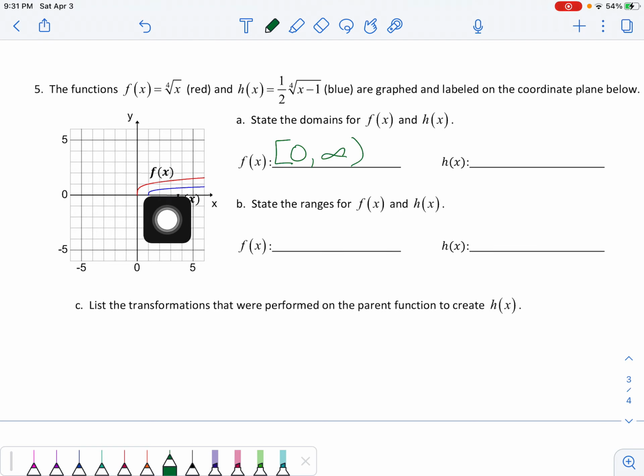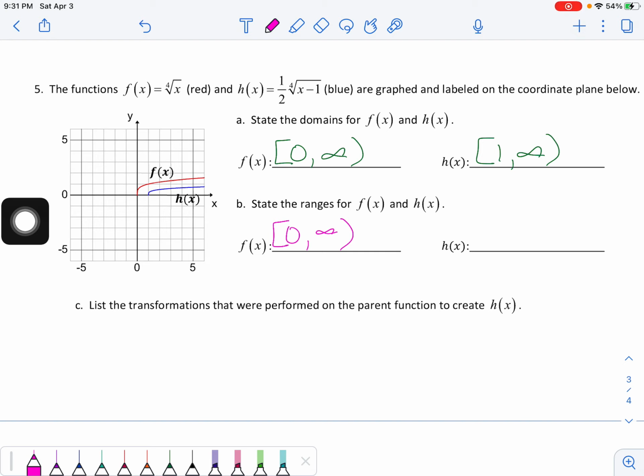All right. So now the ranges for f of x, we're going to start at 0 and go up to infinity. So 0 to infinity. And h of x, while it shifted to the right, it didn't shift up or down, so it's going to have the exact same range.